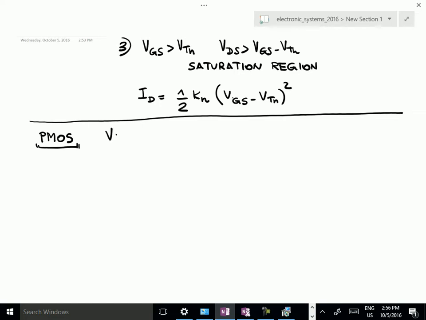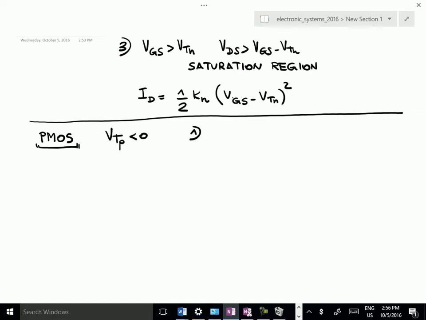The main difference is that the threshold voltage is smaller than 0, is negative, and that negative voltages have to be applied in order to turn on the device.